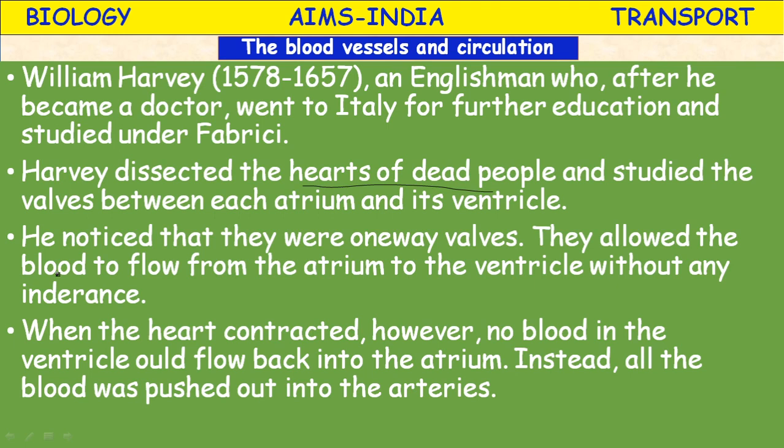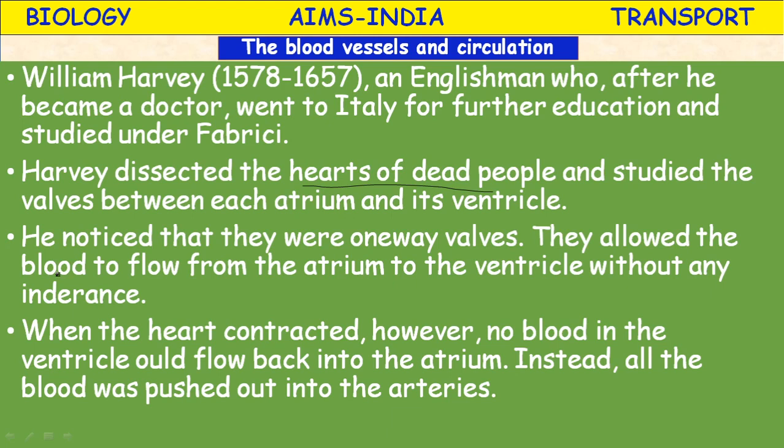They allowed the blood to flow from the atrium to the ventricle without any hindrance. And when the heart contracted, however, no blood in the ventricle could flow back into the atrium. Instead, all the blood was pushed out into the arteries.